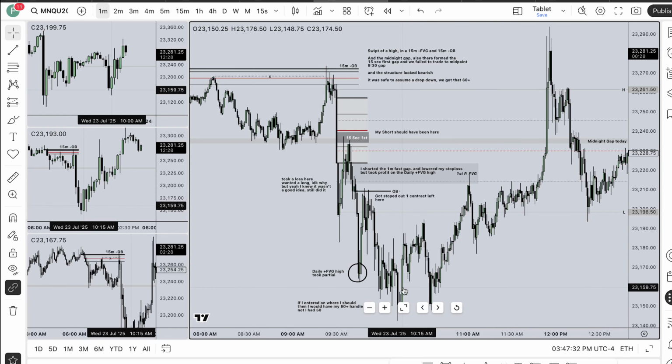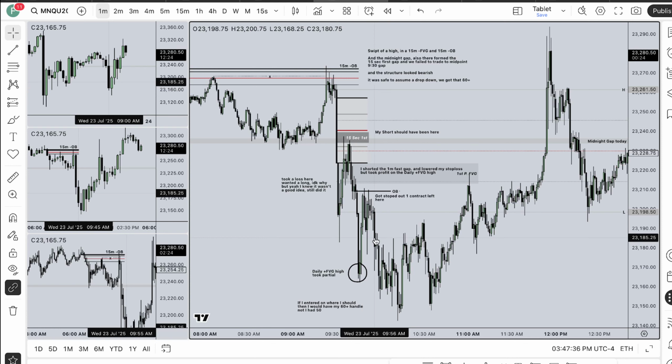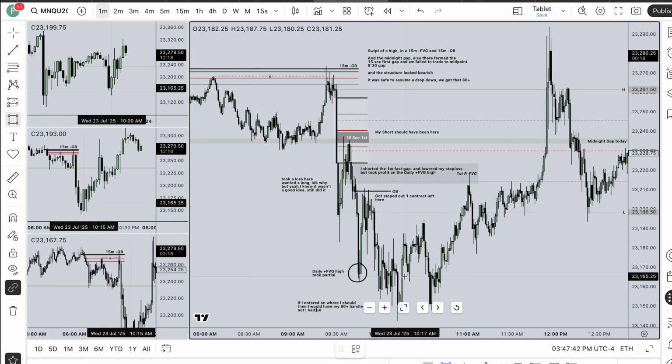And then looking for a long is something around 10 a.m. So 10 a.m. This is the first gap.